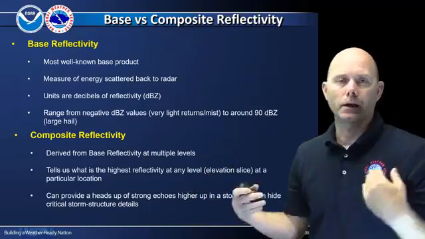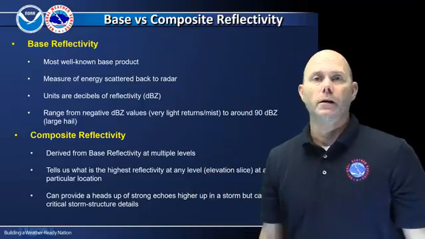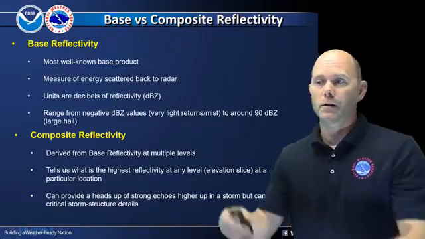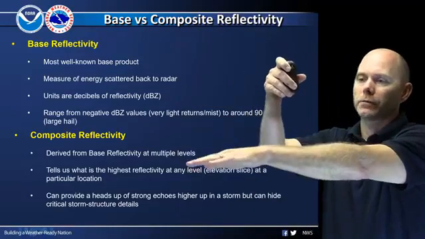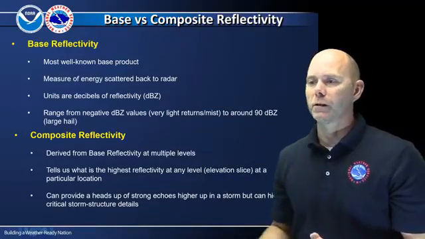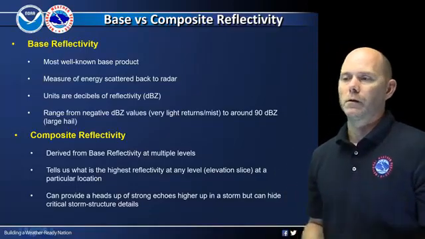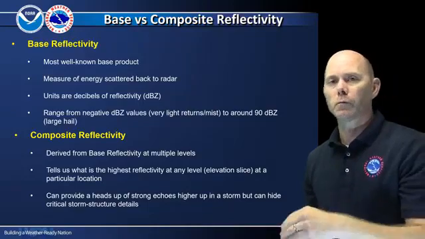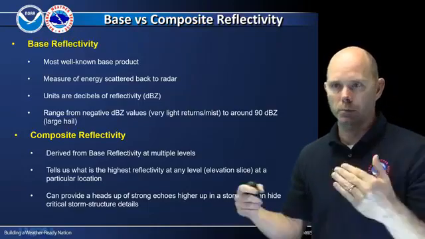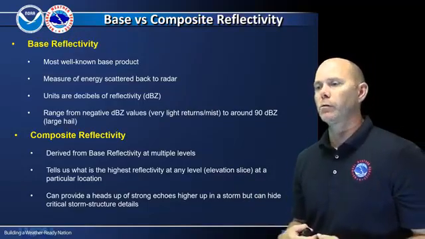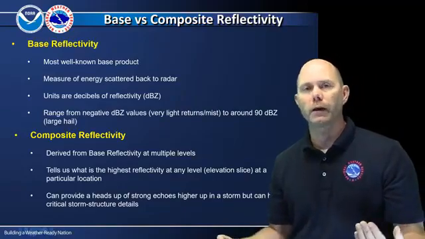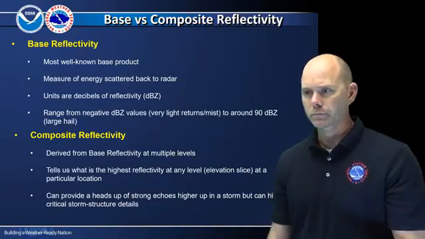And if you want to get a sense of where that storm is and how strong it is and how much rain is in it, you might have to use a composite reflectivity slice, which essentially will tell us what the highest reflectivity is at any level using the 3D radar picture we get from the whole volume coverage pattern. It'll show the highest reflectivity at any level over a particular location.